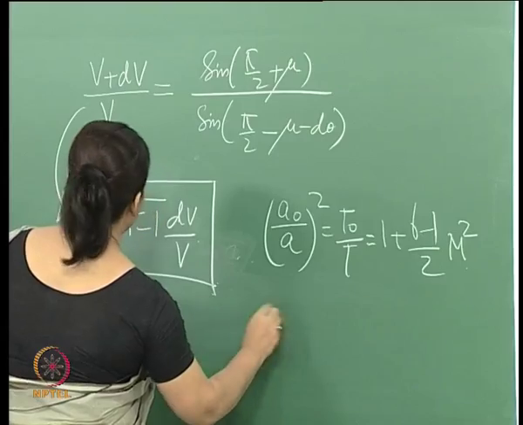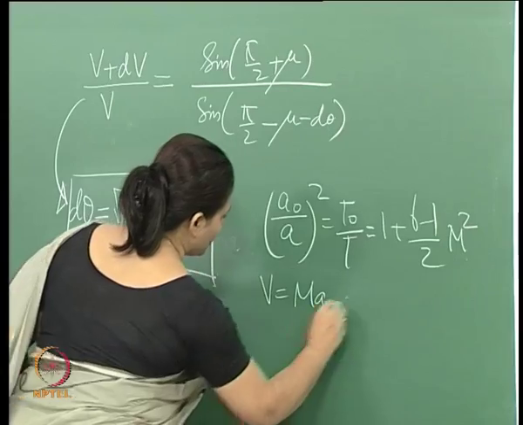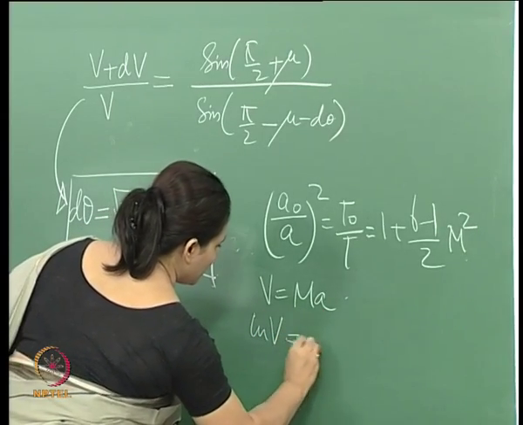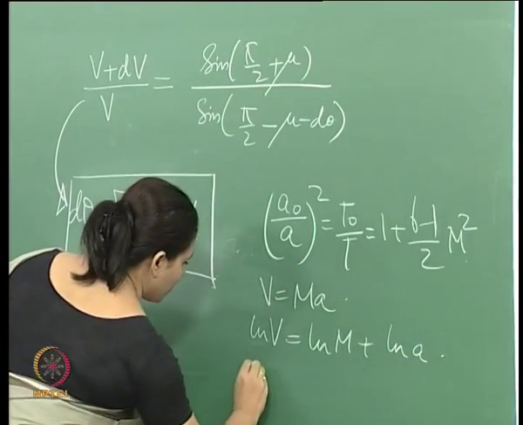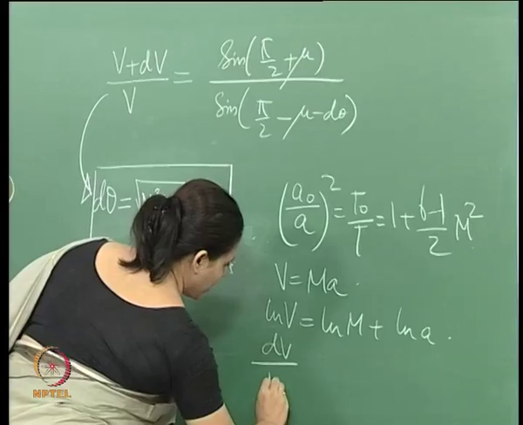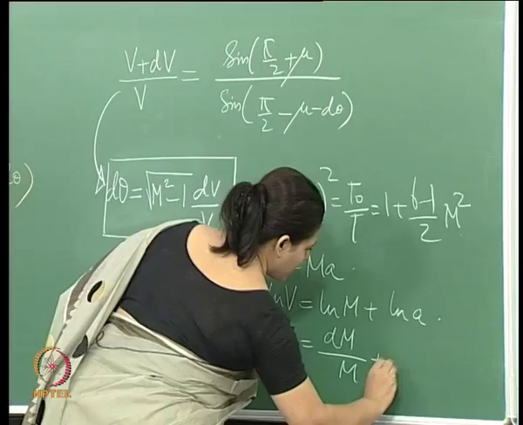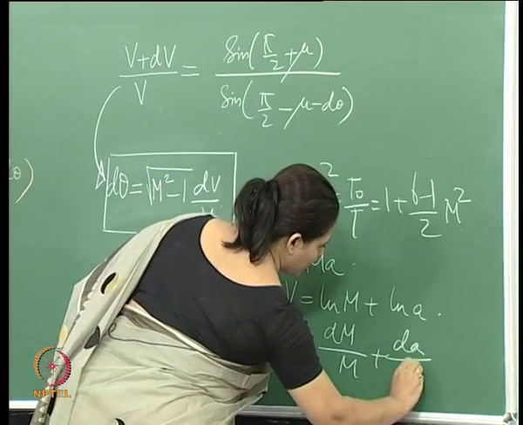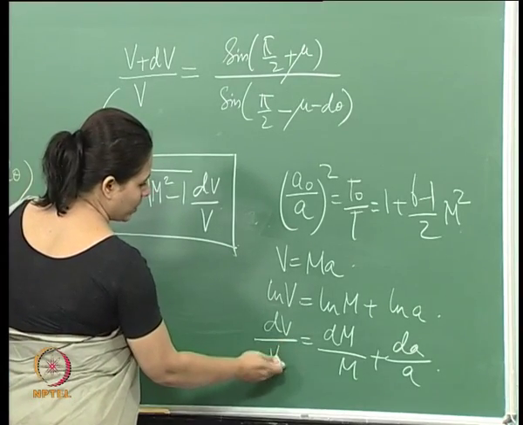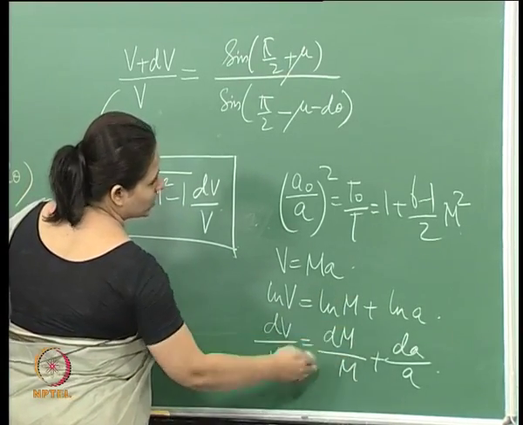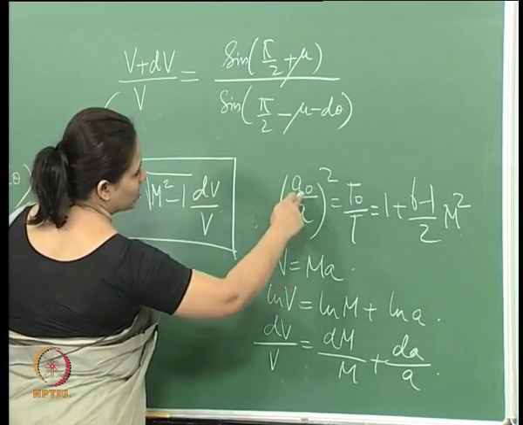Now, we just saw actually that v is equal to M a. So, we said ln v is equal to ln M plus ln a. So, therefore, if I differentiate, I get dv by v, which is equal to dM by M plus da by a. Now, therefore dv by v is equal to this relationship. Now in this I am going to use this relationship over here.